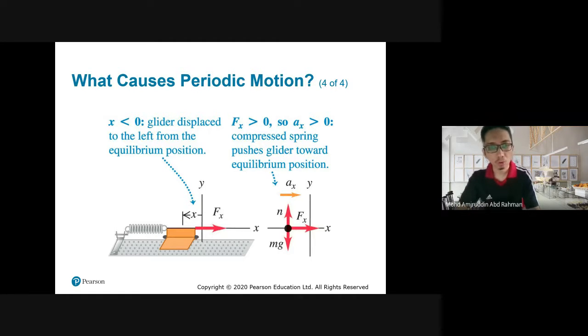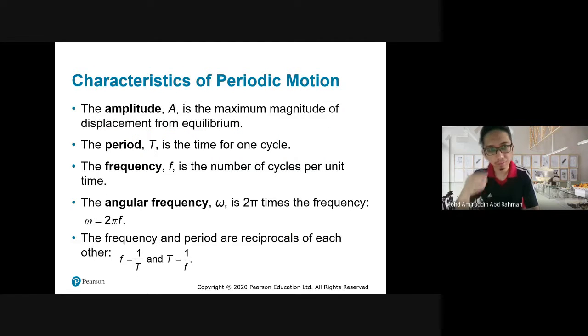Okay, so from here, what do we have? When there is a periodic motion, these are the important things that we need to note: the amplitude, period, frequency, and the angular frequency. Angular frequency often comes up when there is an oscillation.